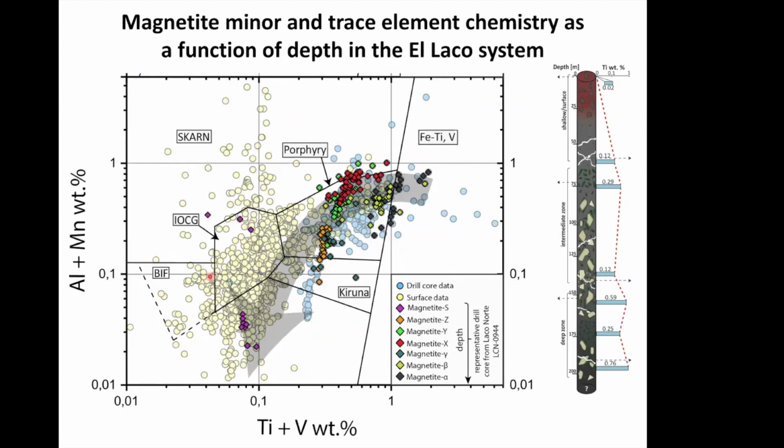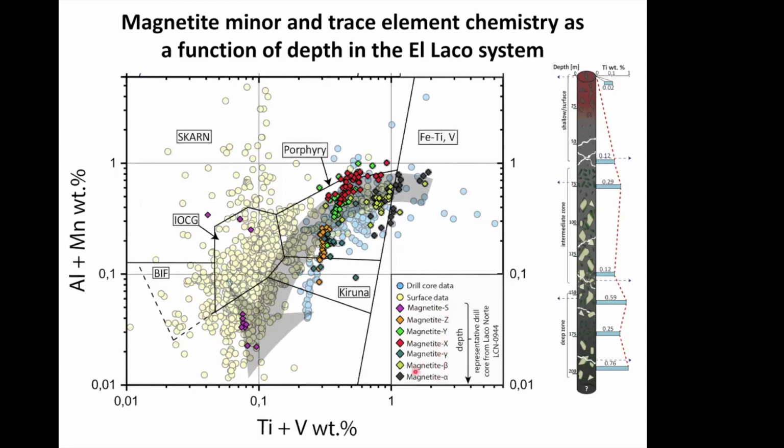So we've got the same aluminum, manganese, titanium, vanadium diagram. Now what I'm showing you are the drill core data in the background. All of the drill core data are in these blue circles. Magnetite S at the surface, low in titanium, transitions to magnetite Z and Y and X, and beta and alpha with increasing depth.